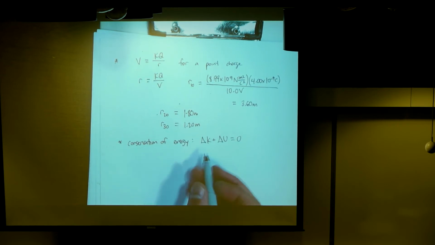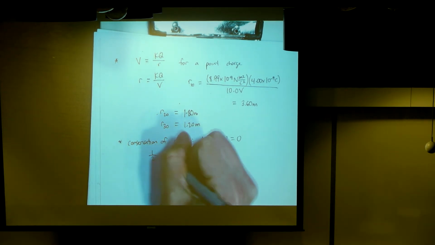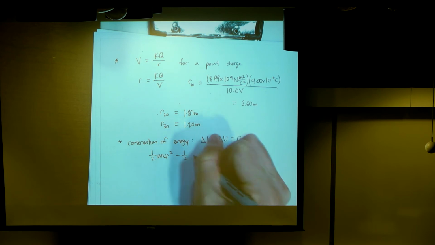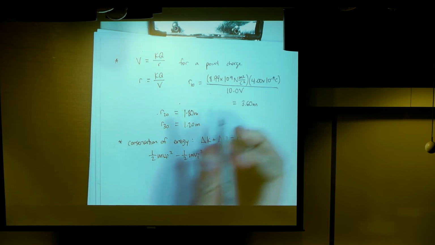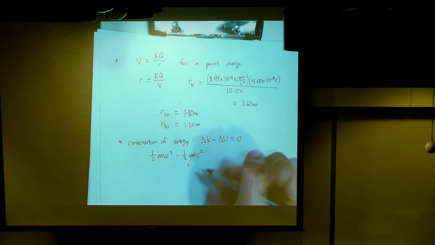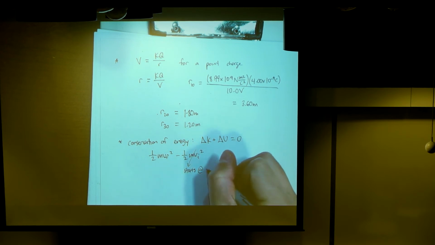And for delta K, here's how I'm going to write that out. It's going to be 1/2 m v final squared minus 1/2 m v initial squared. Which one of those two can I set to 0? Yeah, starts at rest, so that second term is 0.